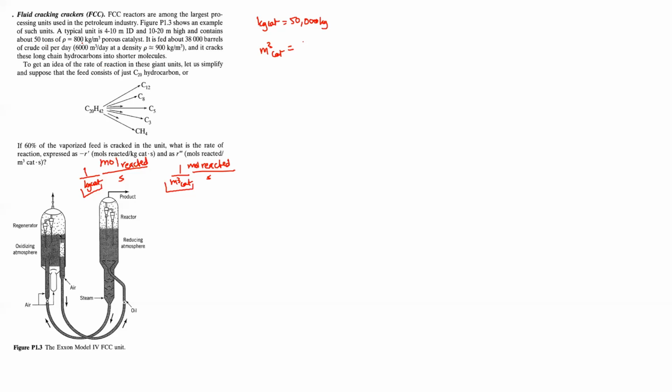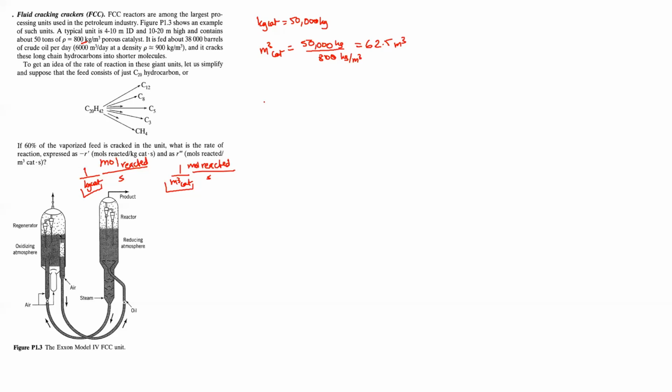It's right here. So basically you're gonna have 50,000 kilograms divided by 800 kilograms per meter cubed, and this will give you the meter cubed of catalyst, which is 50,000 divided by 800, and this is 62.5 meter cubed.